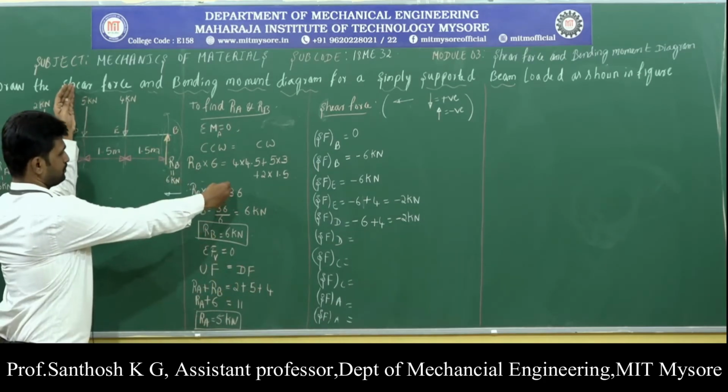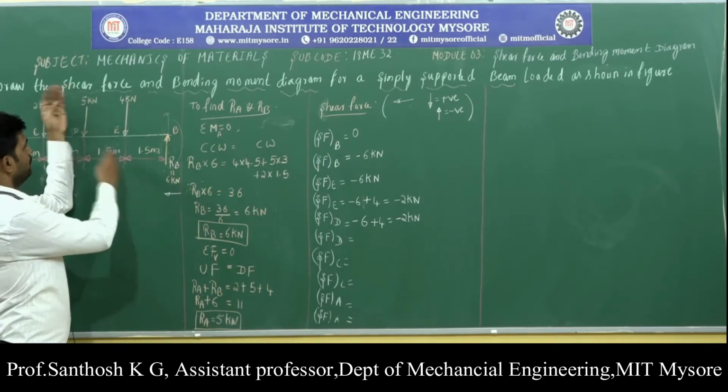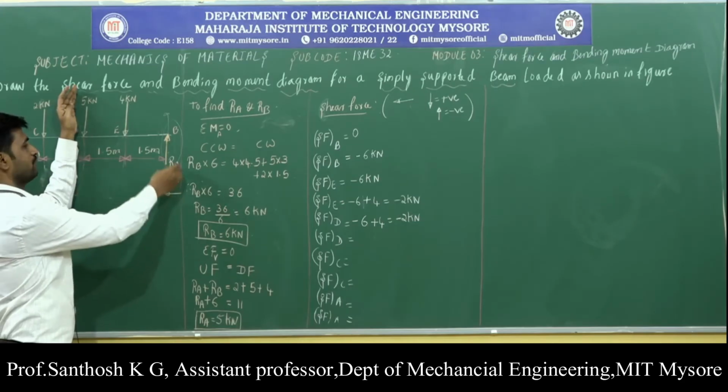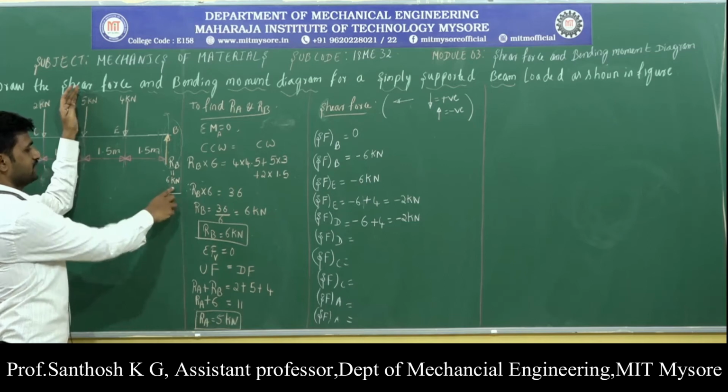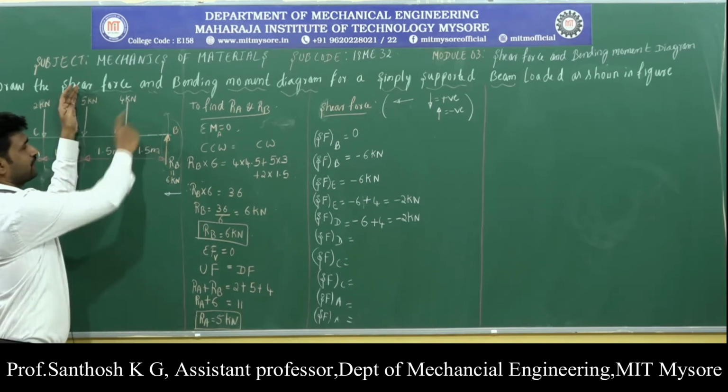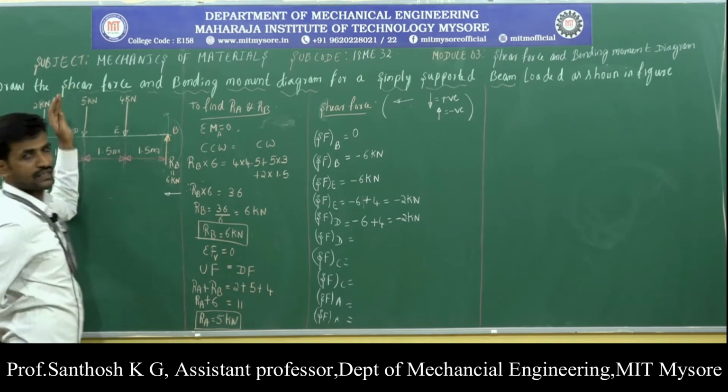So when you move from right to left, if you consider this force also, then we are having 3 forces up to point D. One is 6 kilonewton, another one is 4 and another one is 5.